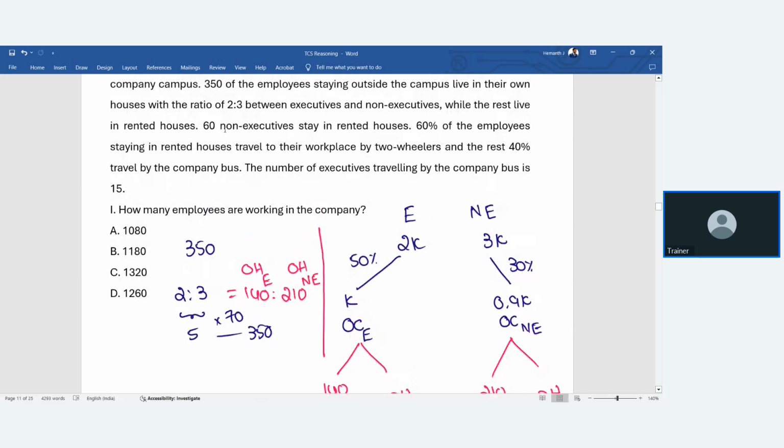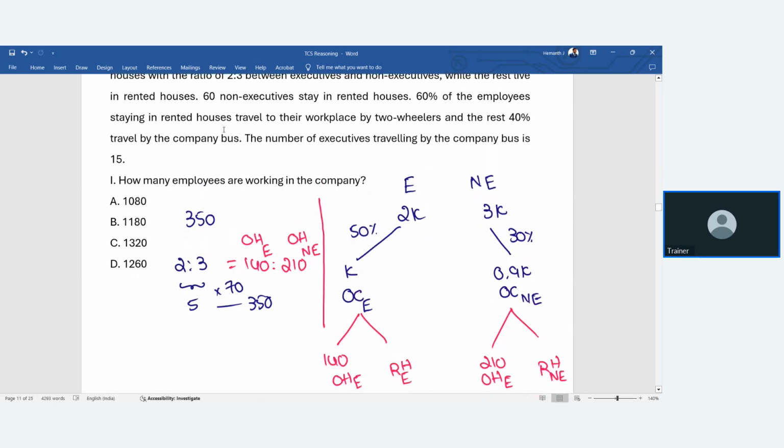60 non-executives stayed in rented house. Guys, see, this will give the idea for you. Non-executives staying in rented house is 60. Adding these to 270 is 0.9K.